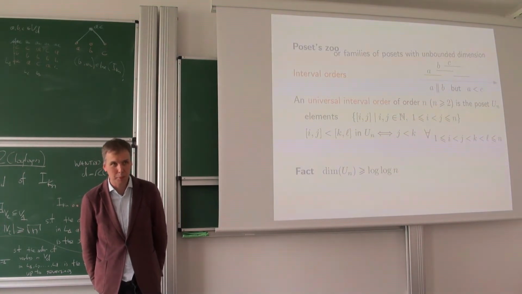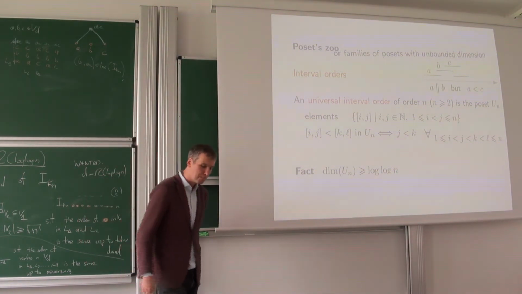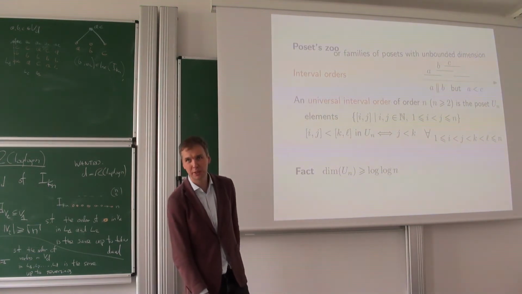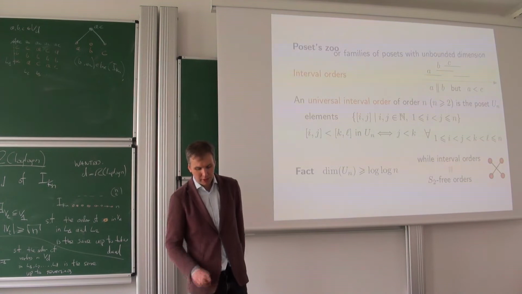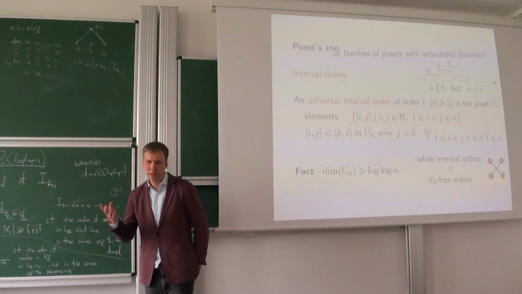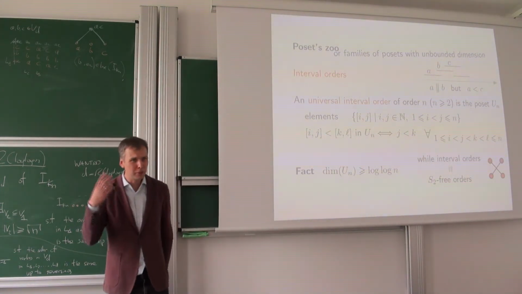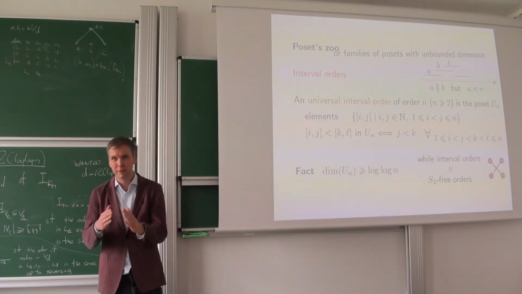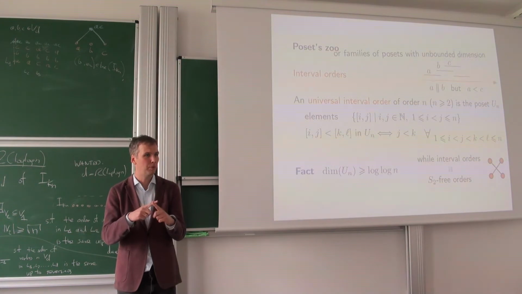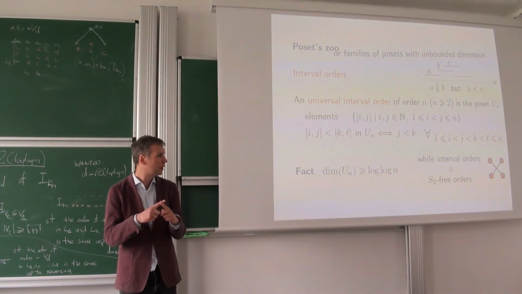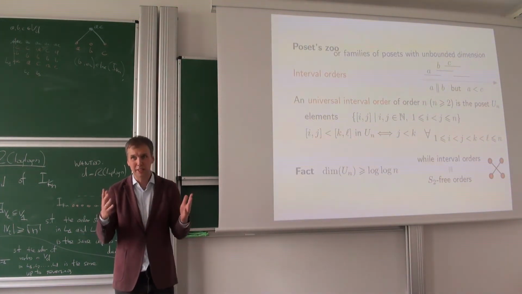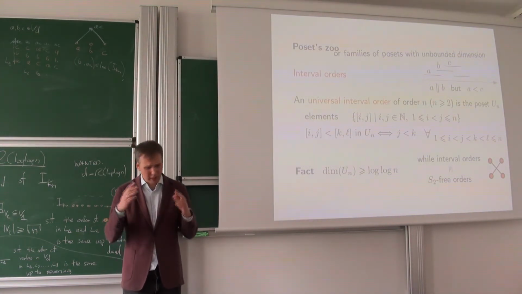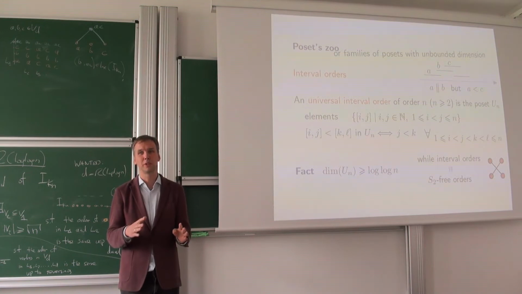Again, this is the right asymptotics. This is even more interesting from the standard example angle, because it is relatively easy, but maybe not completely trivial, to prove that if you consider posets that do not have S2, then this class of posets is not trivial, and it exactly coincides with interval orders.